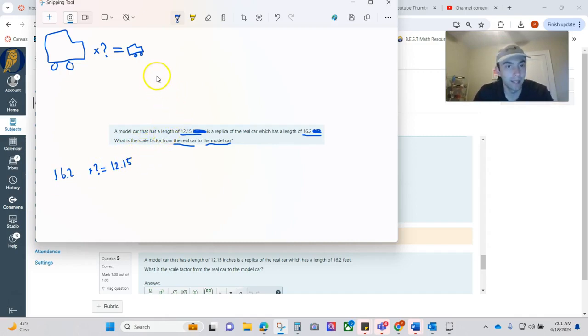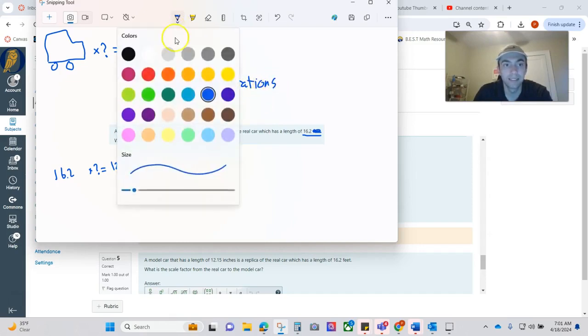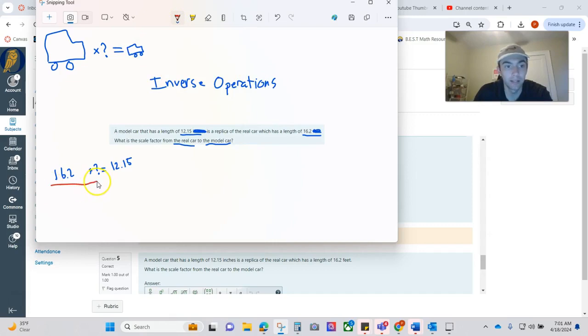Now I can't think that in my head. That's a little hard to do in my head. I don't have my 16.2 times tables memorized. But I think we can use inverse operations to solve this problem. So instead of timesing by 16.2 on the left side, I can do the opposite math to the right side and divide by 16.2.